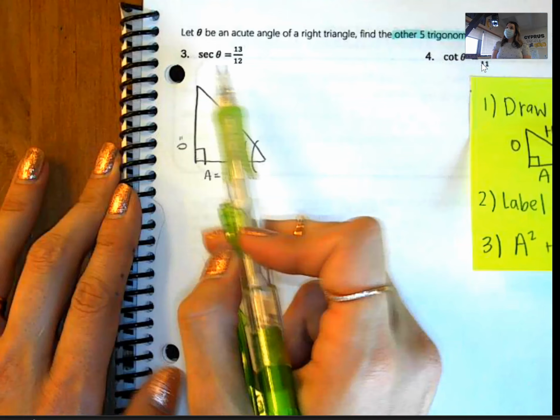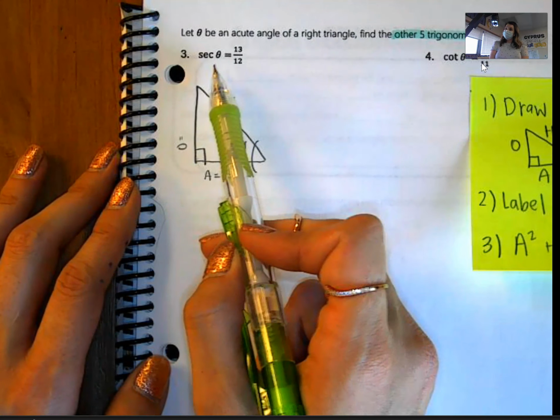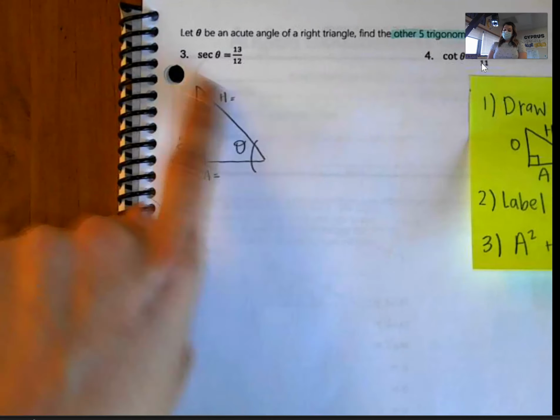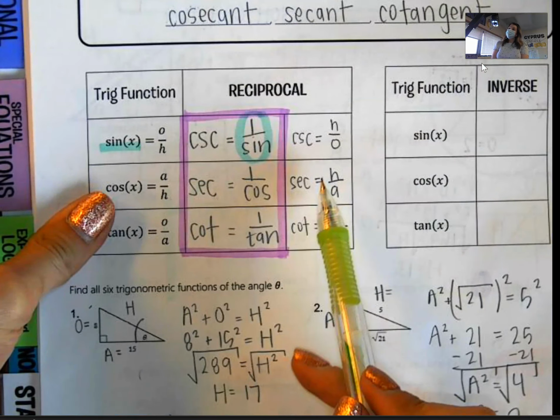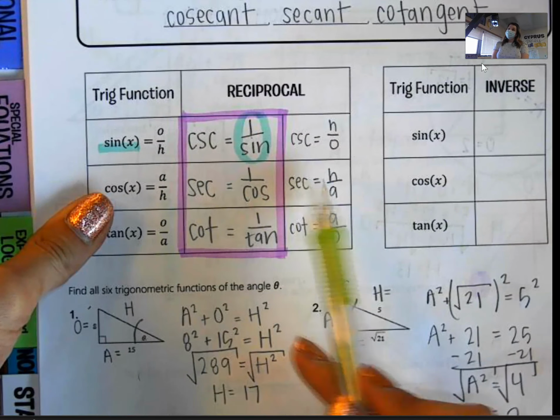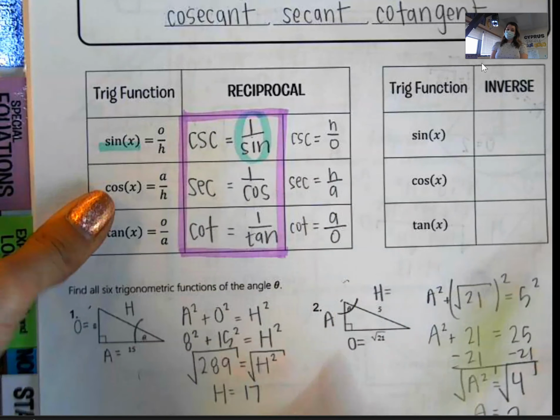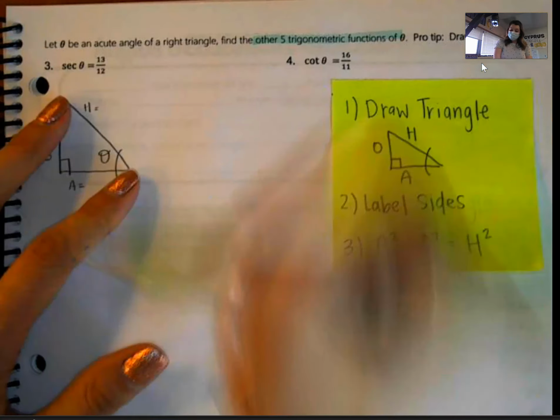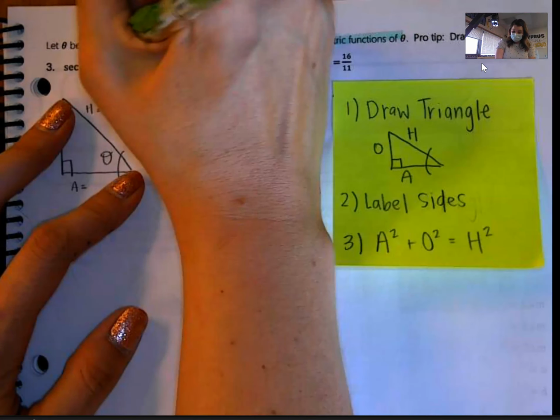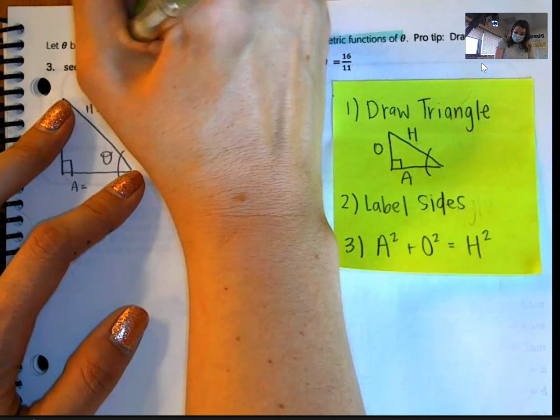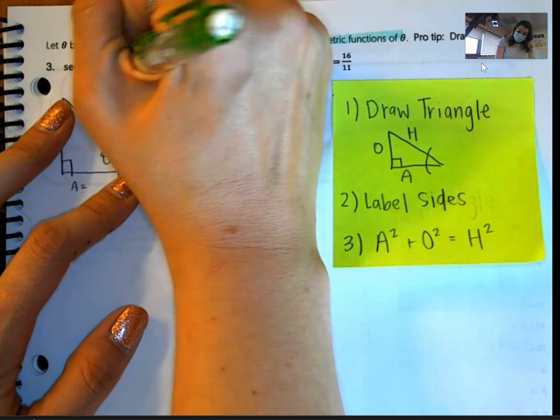And they give me secant. So I'm going to use my table. I know that secant is the sides h over a. Secant is h over a. So now I know that 13 is h and 12 is a.